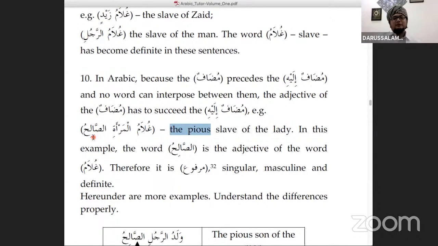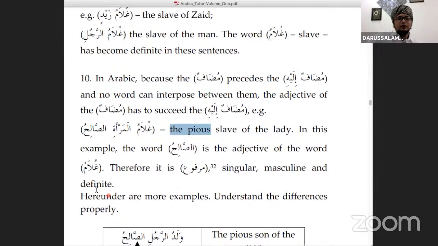And they must be the same in number. See that? Therefore, it is marfu'. Ghulamu as-salihu. You see? Must be both singular. They're both singular, right? They're both mudhakkar, masculine. Ghulamu as-salihu. You see?